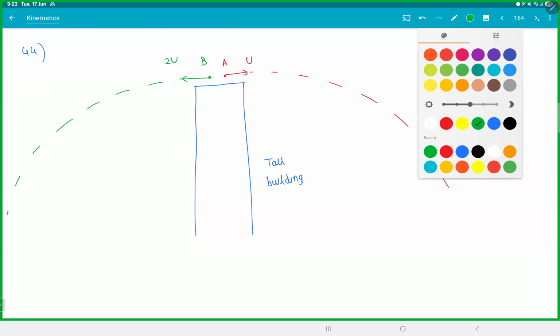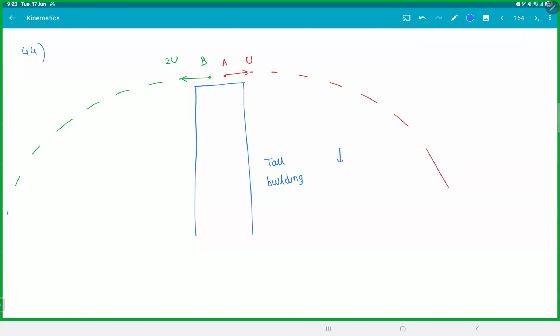So you're projecting A and B horizontally, gravity is there, with u and 2u from a building as shown.